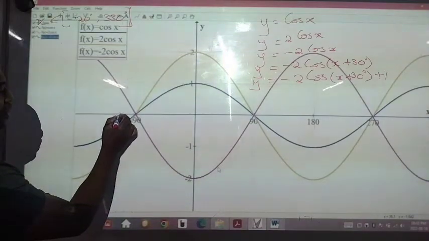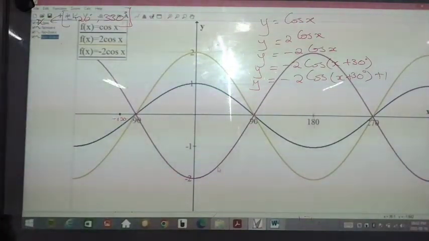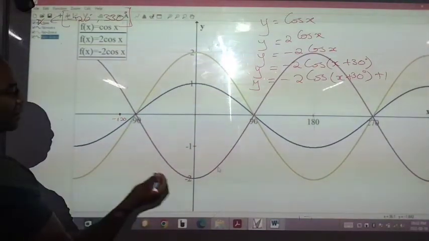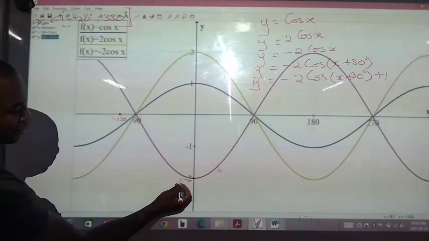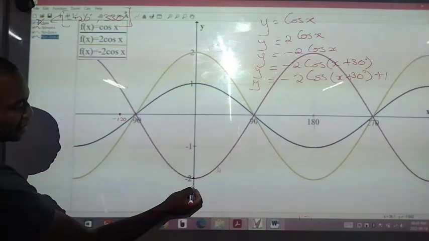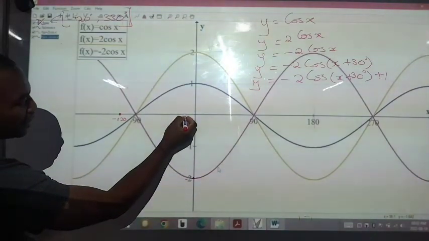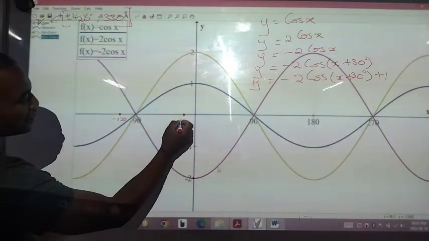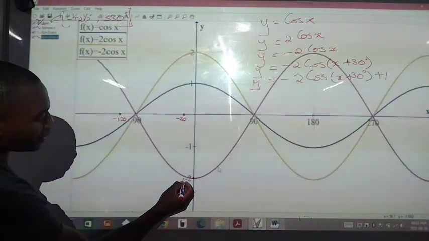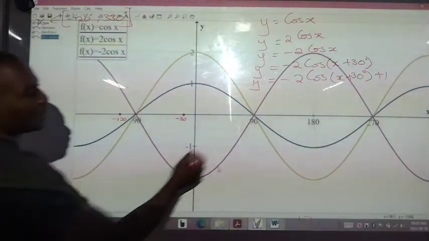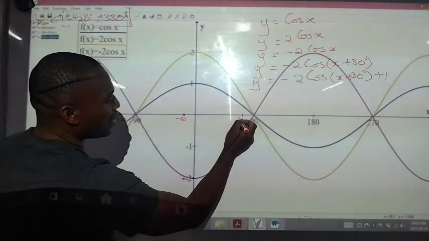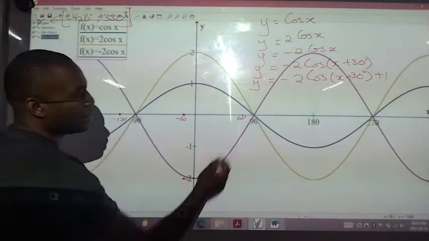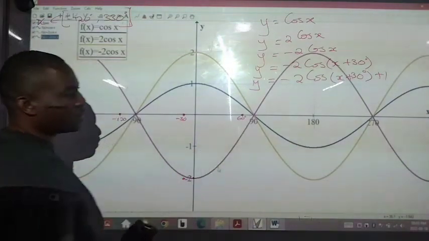So the graph is going to cut the x-axis there. This point, that is at 0 degrees, we are going to move 30 degrees. So it's negative 30. So our point is going to be there. And then this one, 90, we move, is going to be now at 60 degrees. That's where the graph is going to cut.